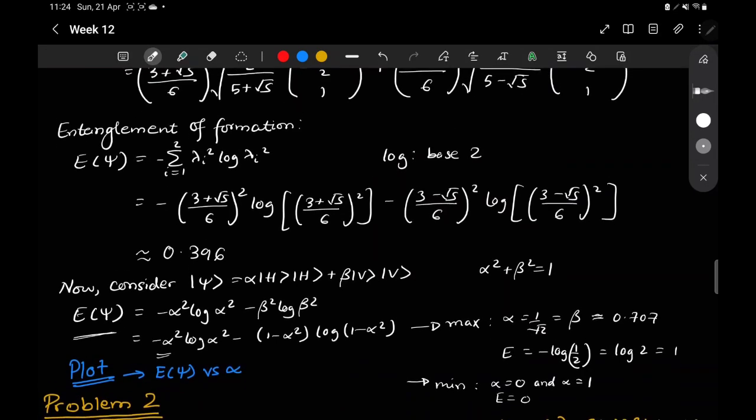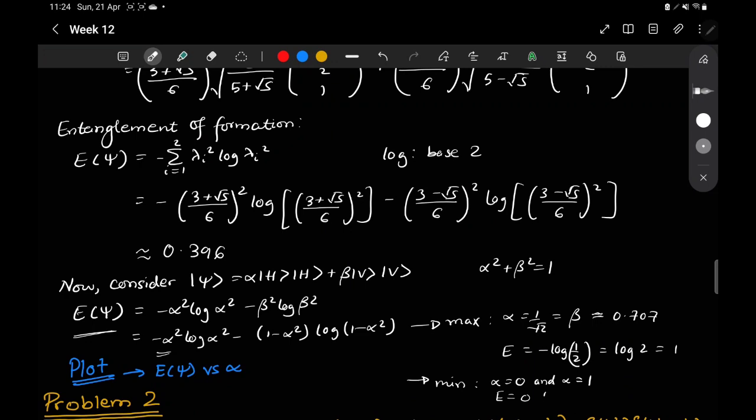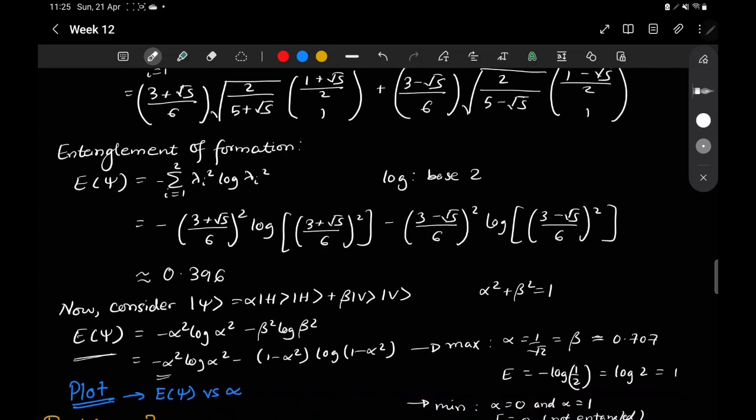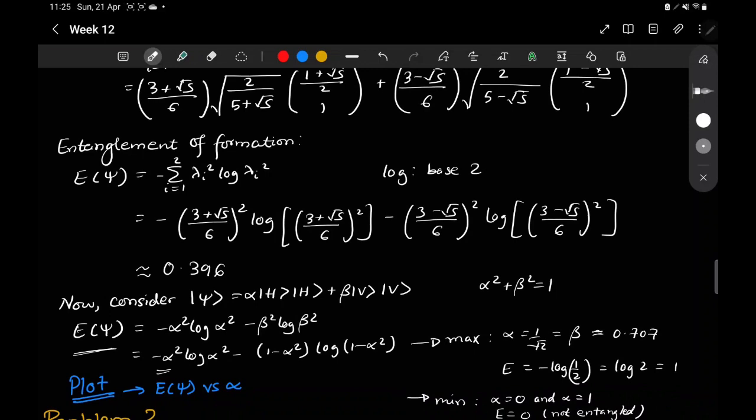And at this minimum, that means it is not entangled, meaning a separable state. As you can see, if you just have H, that is just a product state, or a separable state. Entanglement would be when you have something like H plus V, then that is non-separable or entangled. So that's why at alpha equals 0 or alpha equals 1, meaning if just HH is present or if just VV is present, then that's a product state or a separable state or a not entangled state.